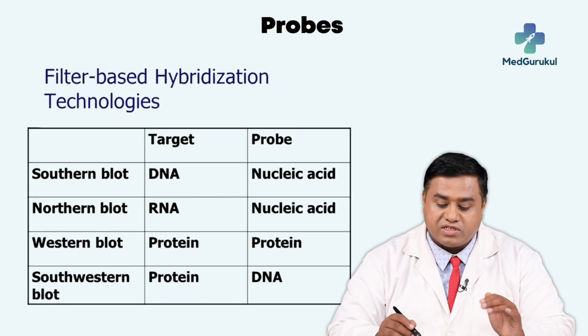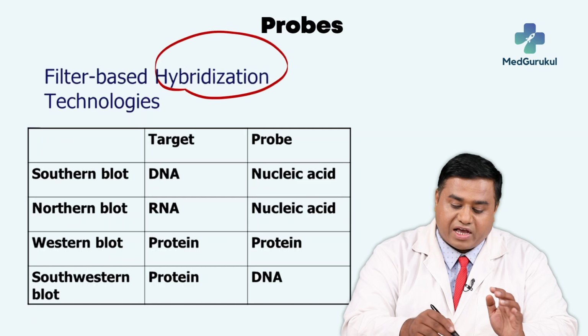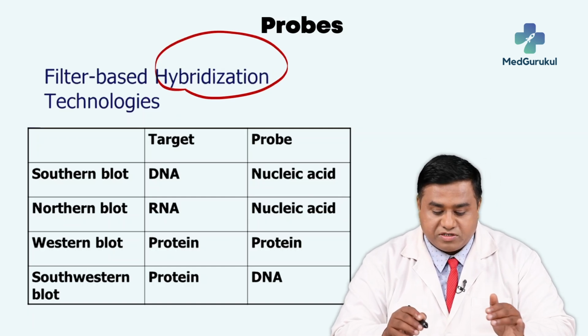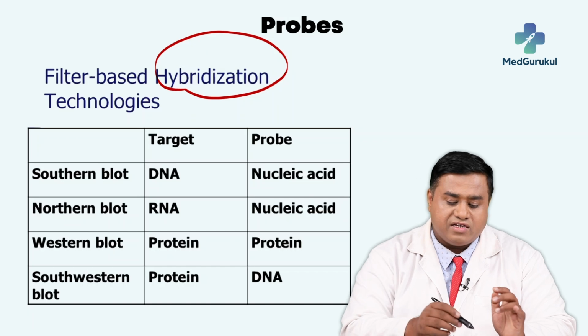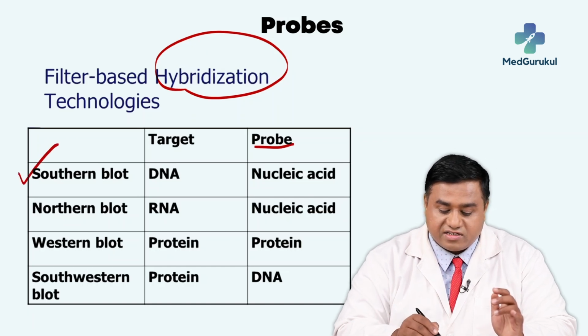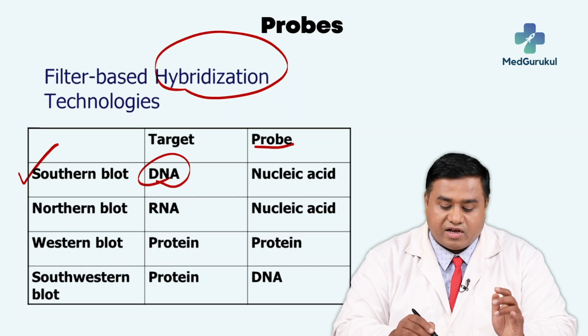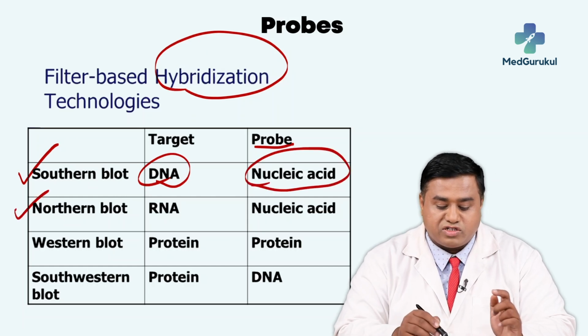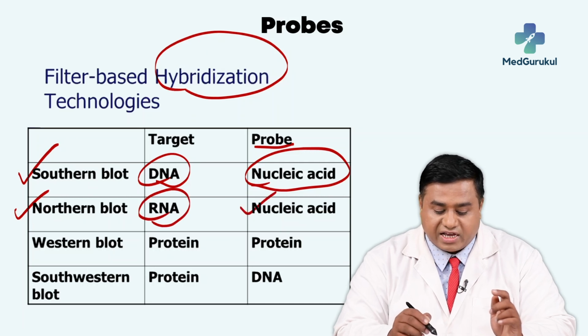These probes work on the principle of hybridization, and we have a variety of probes. In Southern blotting the probe is against DNA, and the probe is made up of nucleic acid. Northern blot is used to detect RNA, and the probe is again nucleic acid.